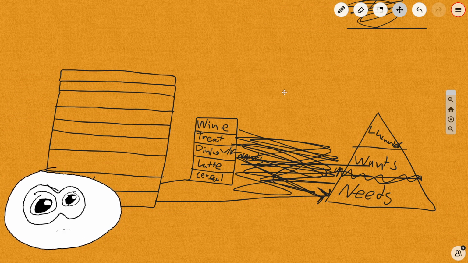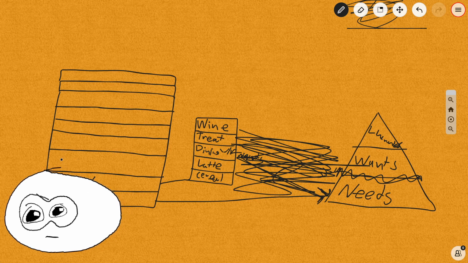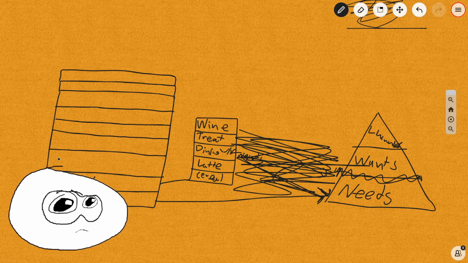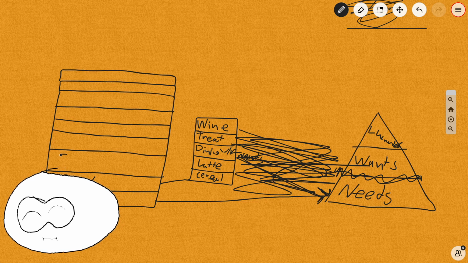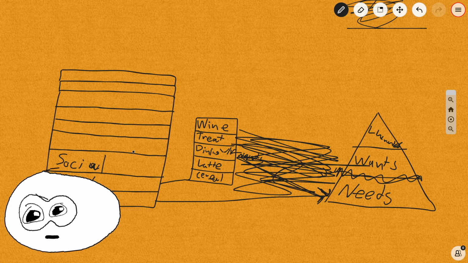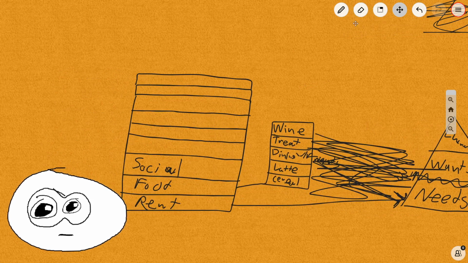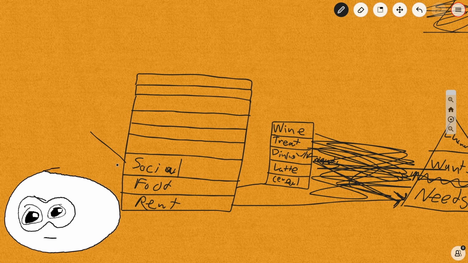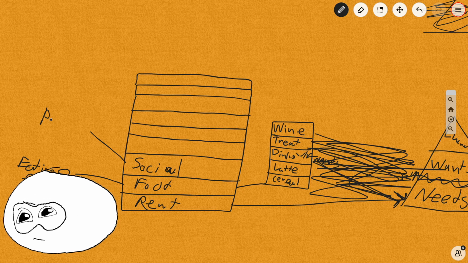Other things can go into these wibbly wobbly categories, like, I would say, socialization is a larger category, right? Because there's a difference between eating for one, and there's a difference between a potluck.